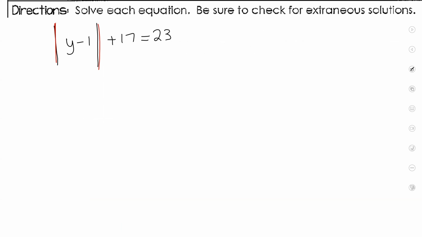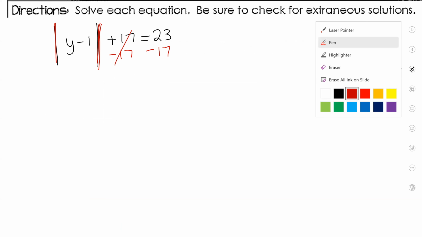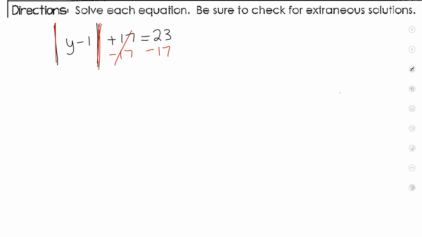It's not the only thing on this side. There's a plus 17 here. How do I get rid of plus 17? Yes, I'm going to subtract 17 from both sides. So now I have the absolute value of y - 1 equals 23 minus 17, which is 6. That's step 1, isolating it.